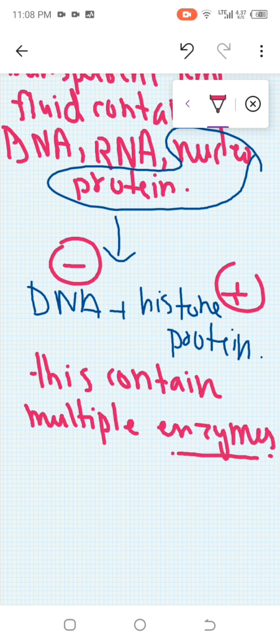After that, we have the chromatin network containing DNA plus histone protein.